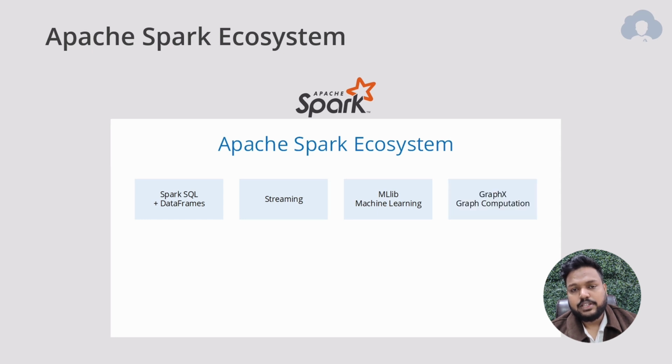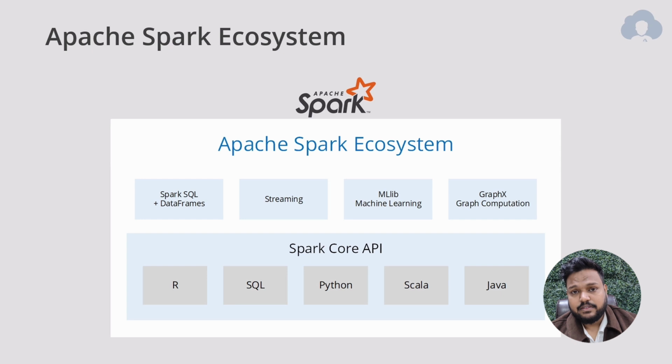You also have a machine learning library, which allows you to do machine learning transformations, prepping and training models using Spark itself. You also have graphics, so if you're doing social media type of applications, this is also a great place to do so. Everything is based on the Spark Core API, which means you can use Spark SQL, which is a little different from normal SQL.